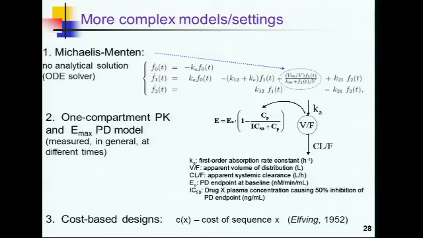We can address cost-based design. The way we do it is actually simpler compared to what Valery discussed yesterday and Luc Pronzato discussed today. It's a simpler approach, but this is the critical paper, which is almost 60 years old, which introduced this approach.